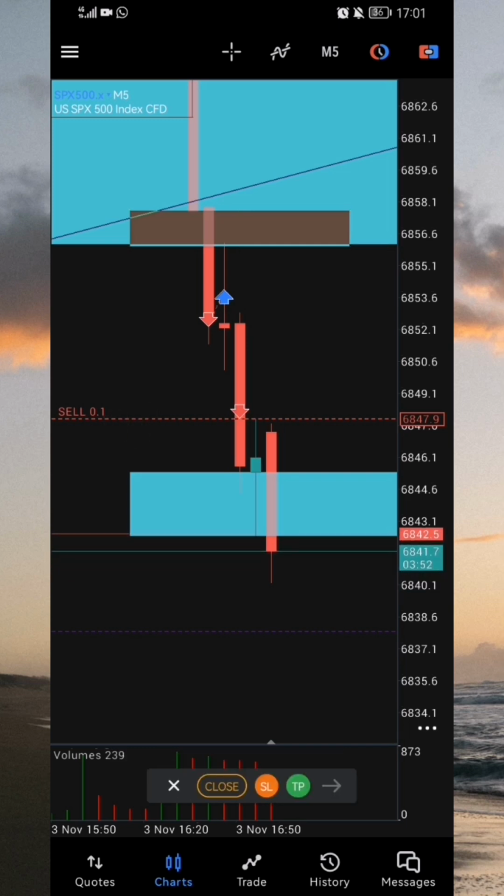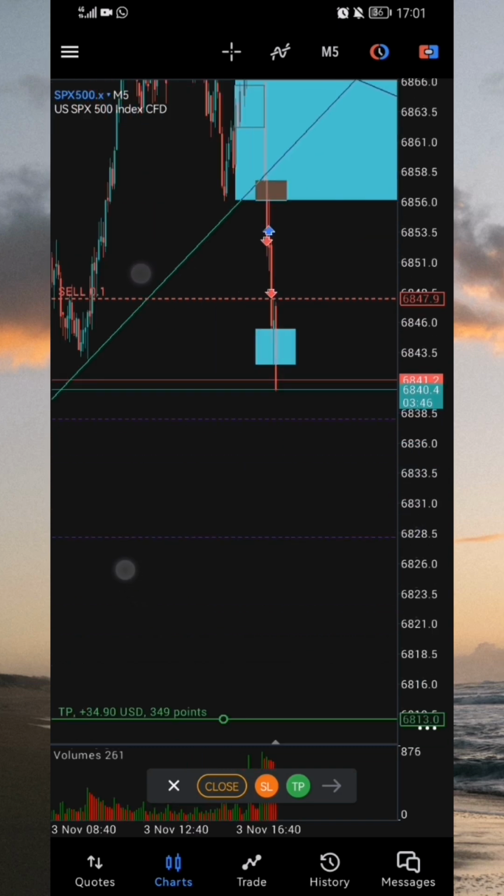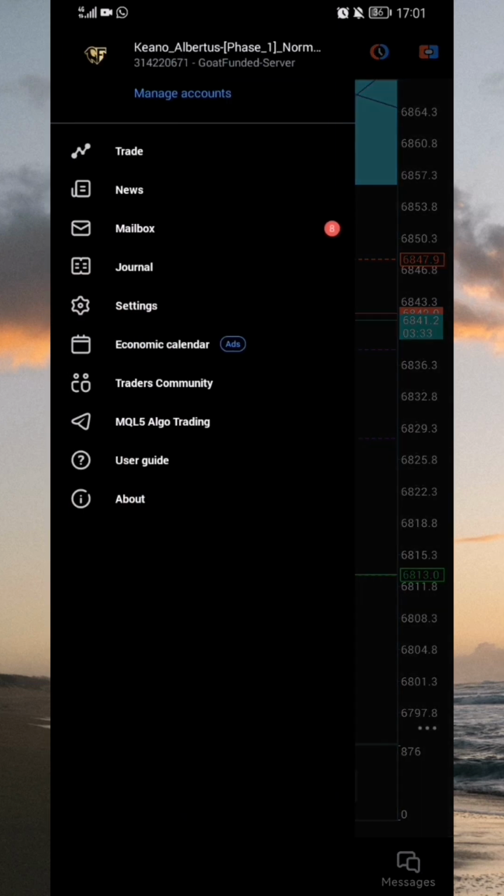When I enter a trade when it closes below the ORB, right? And then I marked out my TPs just now, and this is the target for the day, $34. I know I'm still trying to pass my eval account.